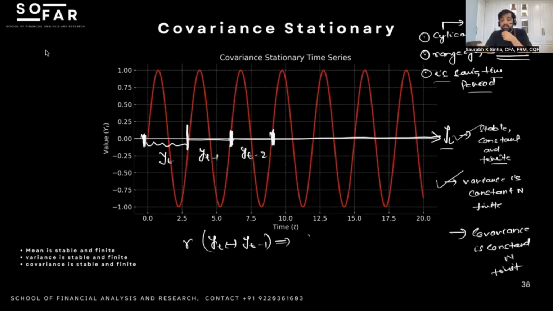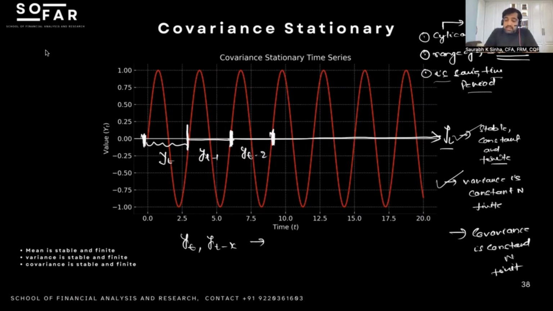If I'm saying the correlation is 0.7, then the correlation between YT minus 1 and YT minus 2 is also going to be 0.7, and between YT minus 2 and YT minus 3 it is also 0.7. So basically, if you write the correlation between YT and YT minus K, take any value of T and K, the correlation is going to be constant and finite.